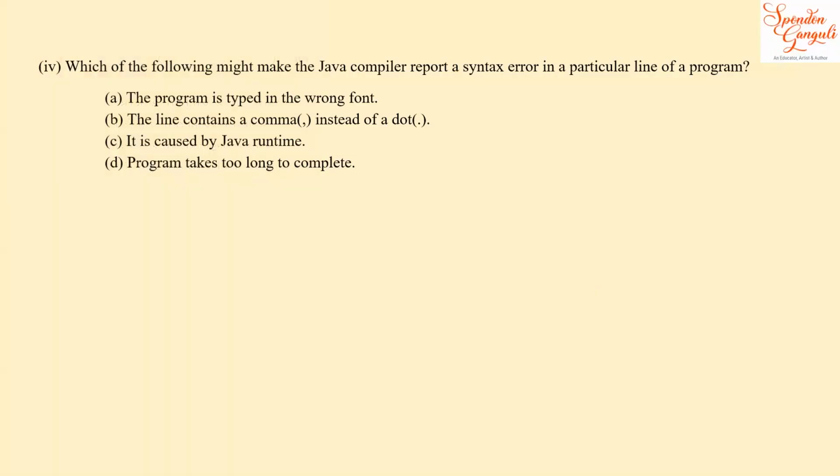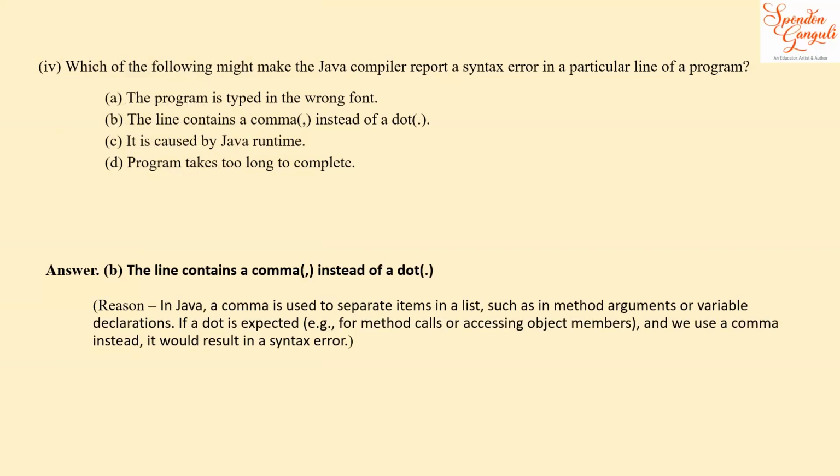Next question. Which of the following might make the Java compiler report a syntax error in a particular line of a program? The program is typed in the wrong font. The line contains a comma instead of a dot. It is caused by the Java runtime. Program takes too long to complete. The answer is the line contains a comma instead of a dot.